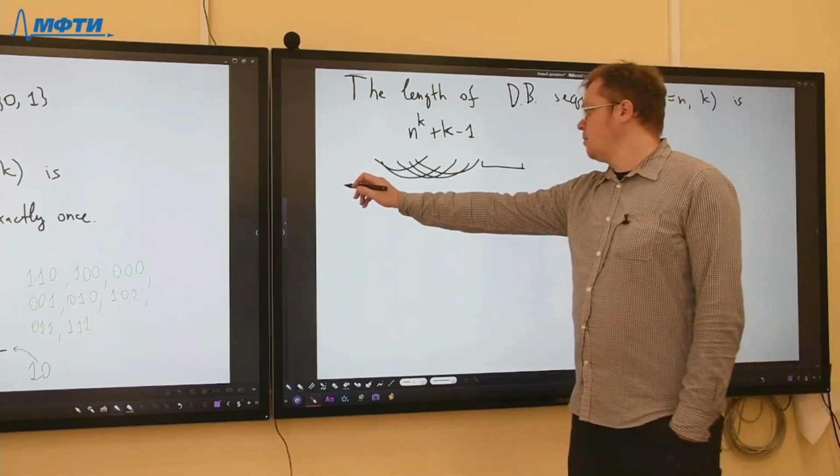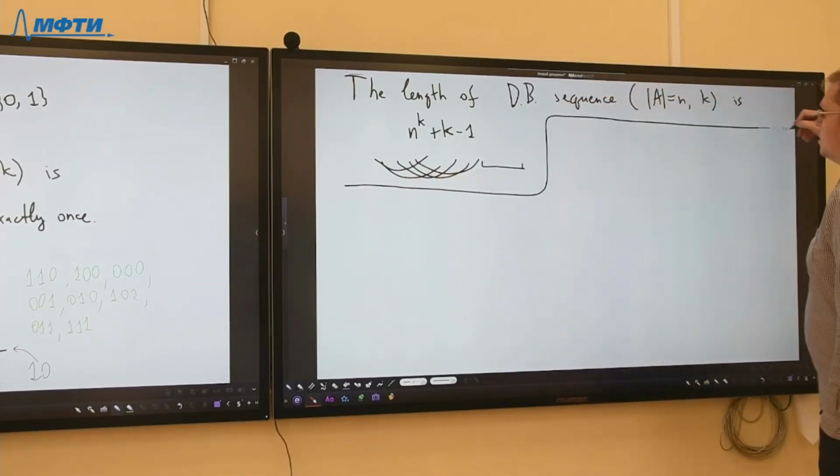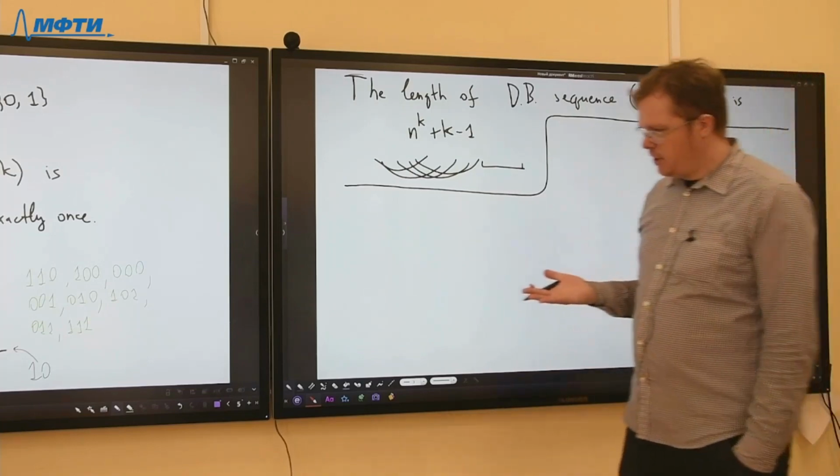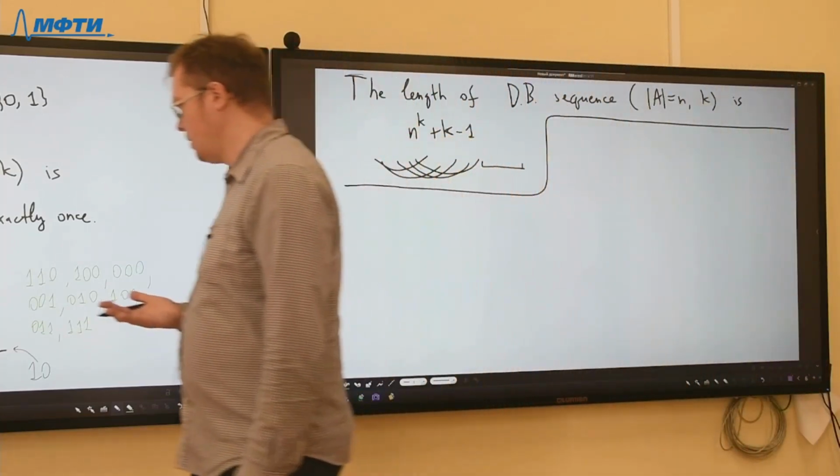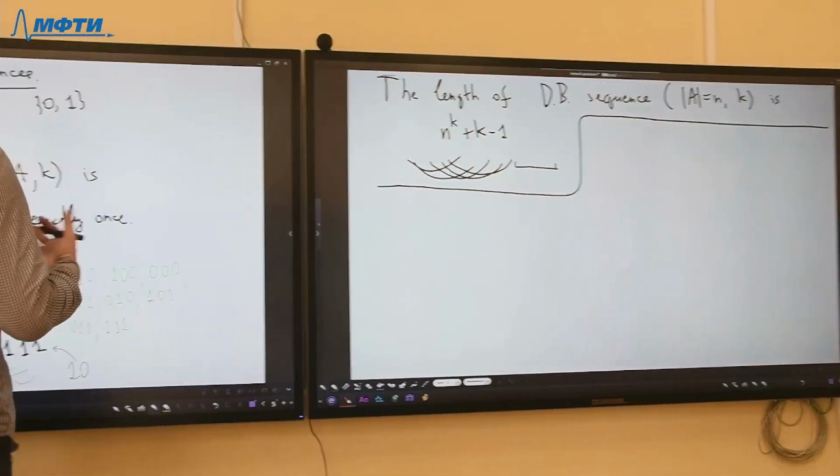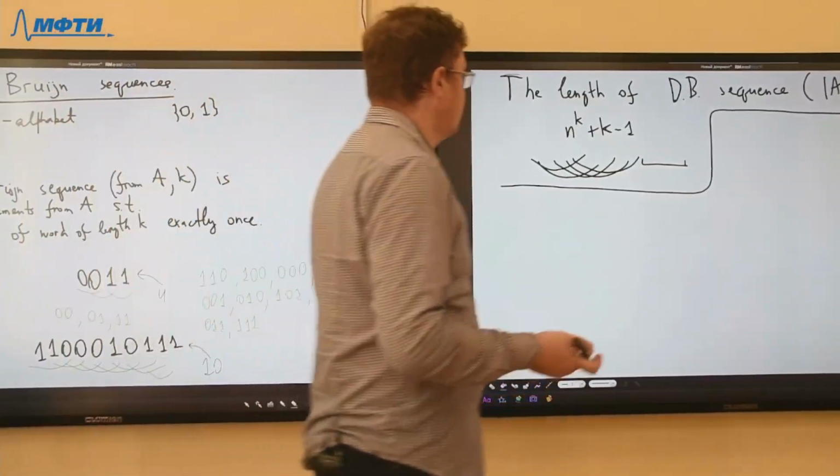Okay, so the main question is: does such a sequence always exist, and is there any simple algorithm to find it?